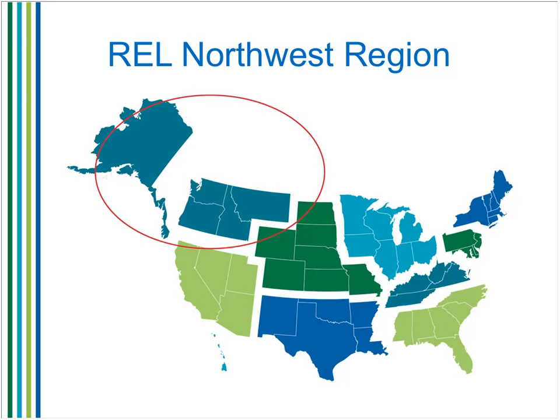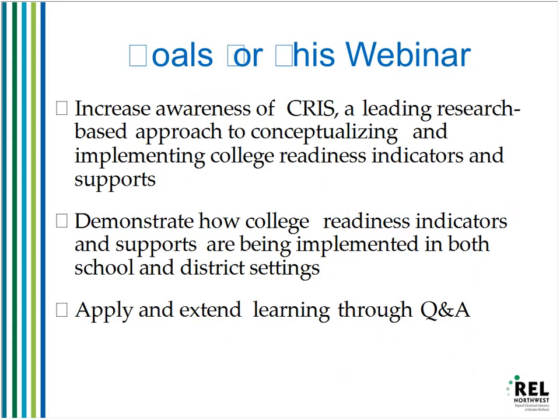In these partnerships, one of our primary missions is to promote and support the use of research and evaluation and other forms of evidence and data to inform decision making and help you create more effective schools and school systems. That is very much the focus of today's webinar.